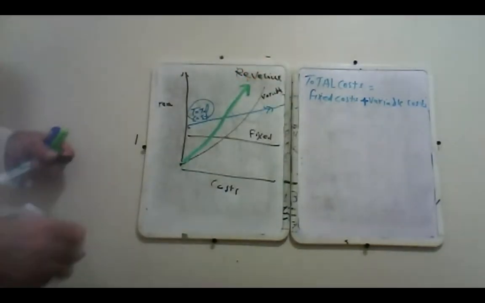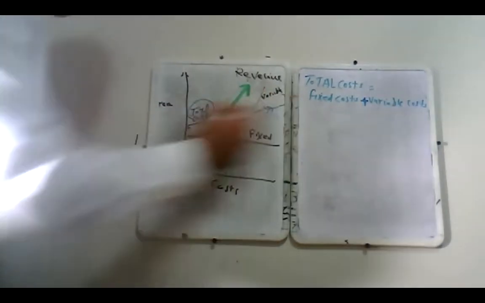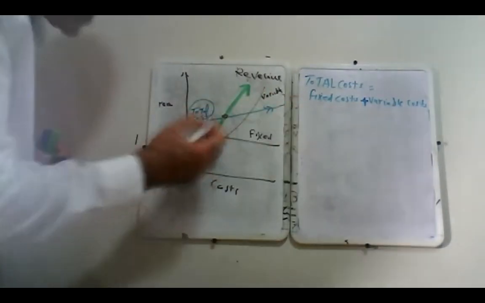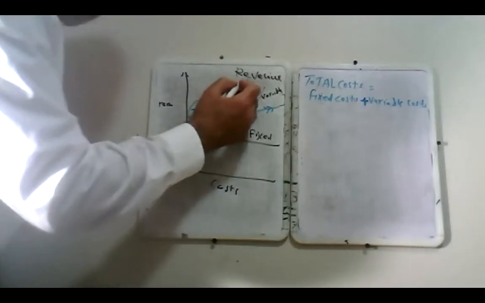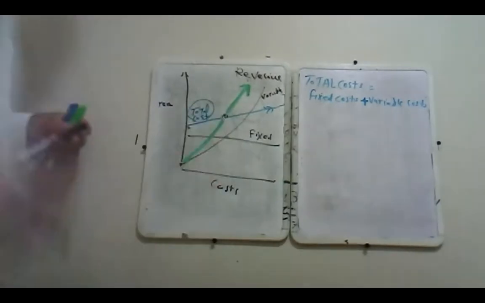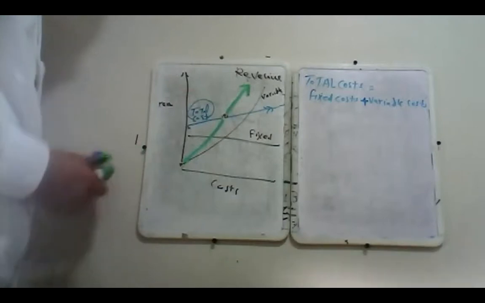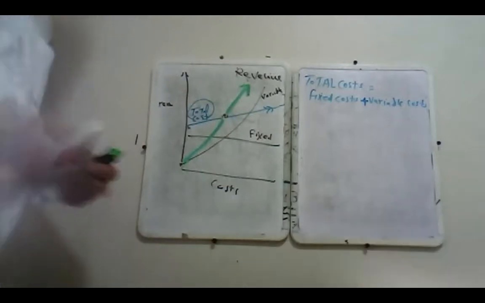So the point where the total costs in blue and the total revenues in green intersect is the break-even analysis, where the total costs equal total revenue. So I will write it down now.